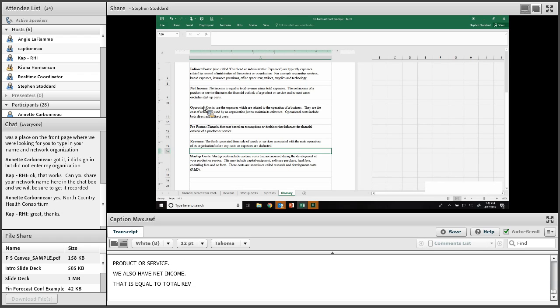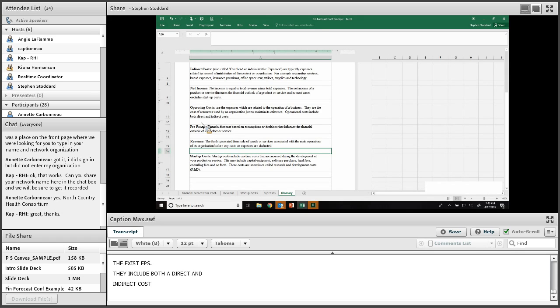And you normally allocate indirect costs based on an allocation amount. So in other words, if you think your whole business or service will represent 10% of the entire organization, then you would allocate 10% of your indirect costs to that particular project or product or service.